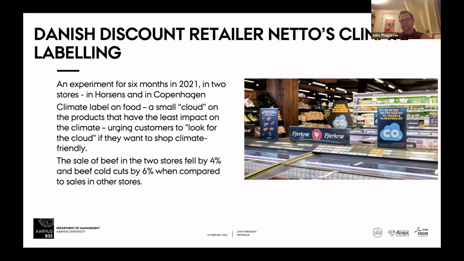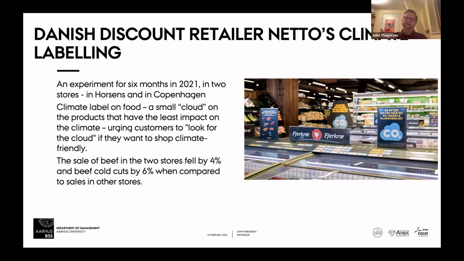And the report from these tests revealed, I think the most important result was that the sale of beef in the two stores fell by 4%, and the sale of beef cold cuts by 6%, when compared to sales in other stores.